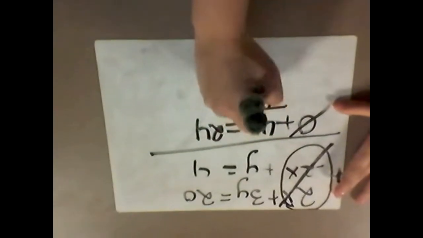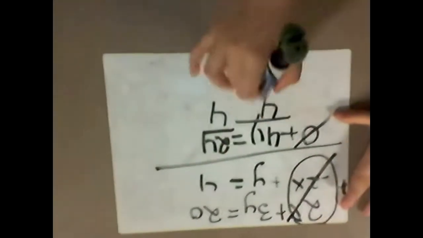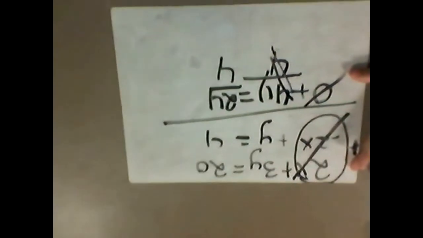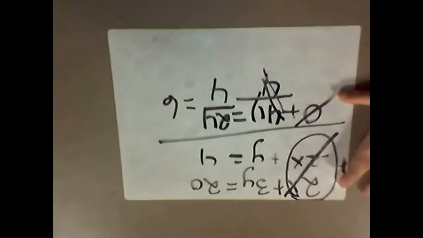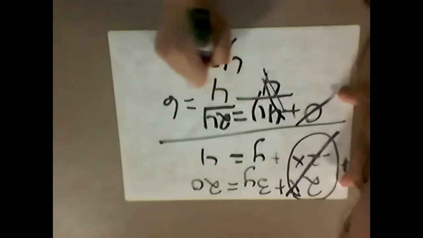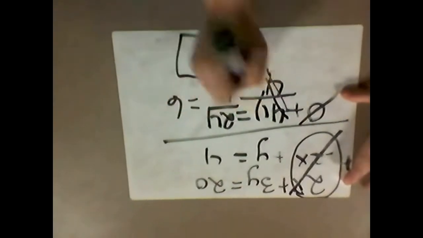Now you want to ignore the 0 and divide each side by 4. So 4y over 4 cancels out, leaving the y. And 24 divided by 4 equals 6. So our answer is y equals 6.